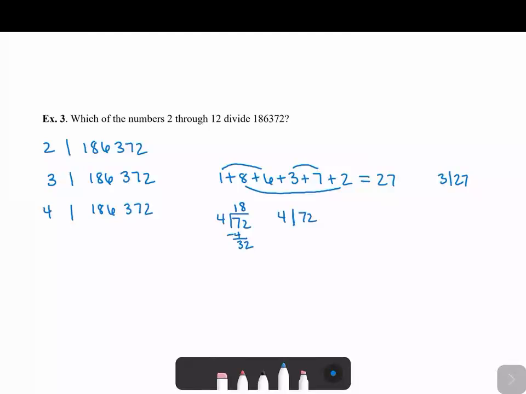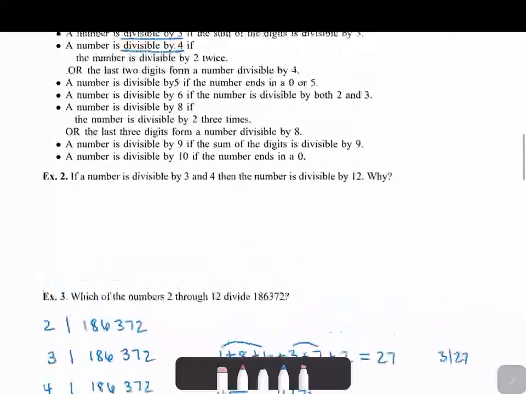And 186,300 is a multiple of 100, right? 186,300 is 1,863 times 100. So 4 will divide any multiple of 100. That's why we only have to look at these last two digits. We know that everything from the hundreds place on will always be divisible by 4 because of that product property. So that's where this test comes from.